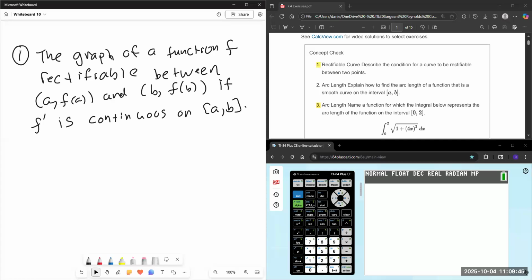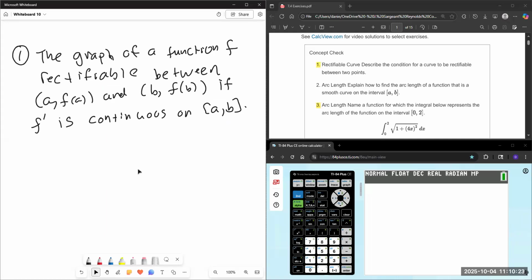Just saying that f prime is continuous on the interval makes sure that f is also continuous and differentiable on the interval. All that must be true for us to find the arc length using this formula. Since we're using a definite integral as part of the formula, we have to have a derivative that is continuous on a to b.